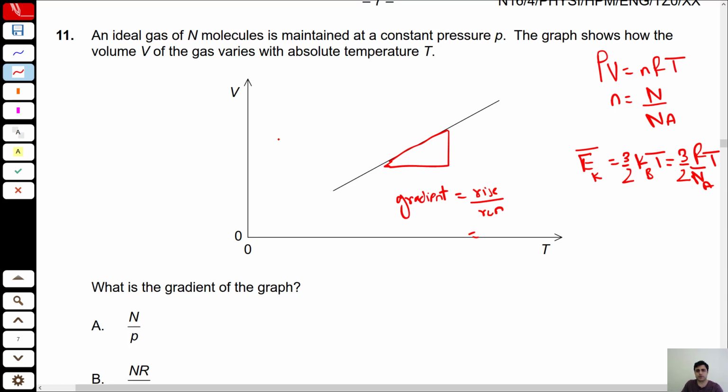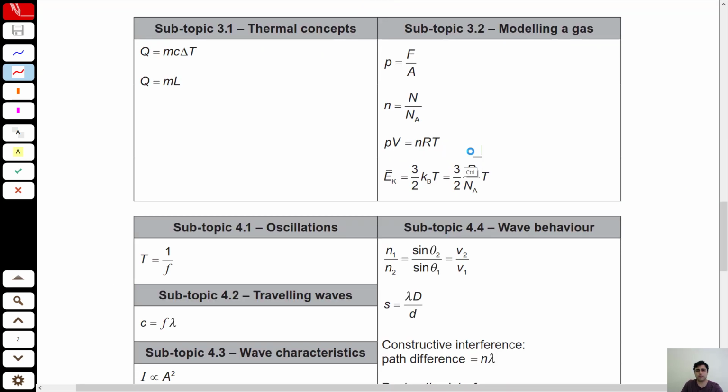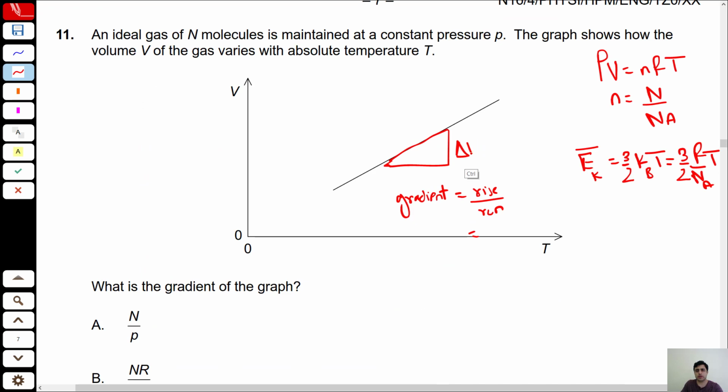Our rise is on the y-axis, which is delta V, the change in V, or you can just call it V, because we don't have a delta V here, so to avoid confusion, we just say V. Delta V will also give you the unit of V. And over the run, we have temperature, change in temperature or just temperature.